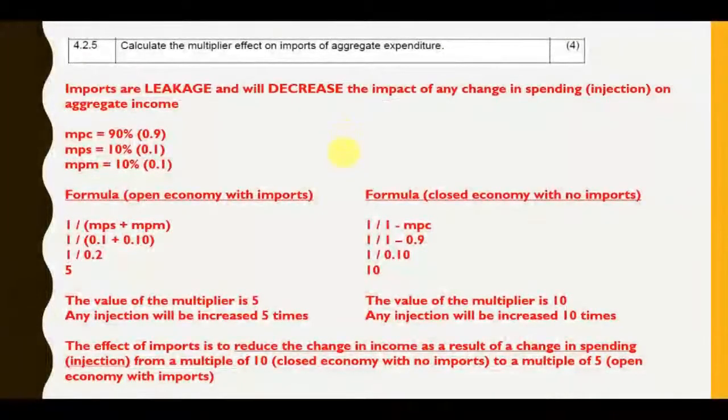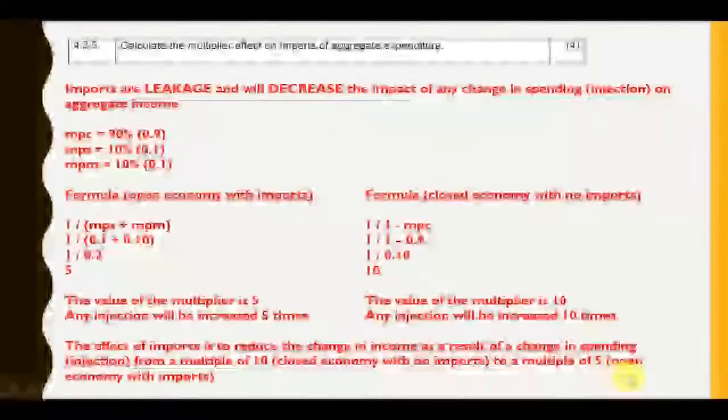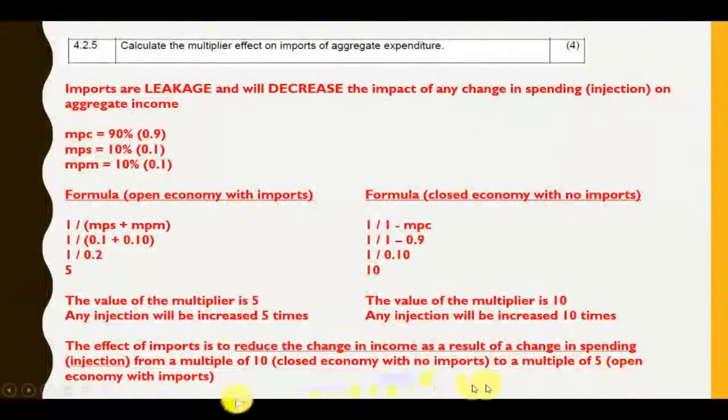So to sum up our answer, grade 12s, the effect of imports is to reduce the change in income as a result of a change in spending. From a multiple of 10, that was your closed economy with no imports, to a multiple of 5, so the multiplier is 5. That's my open economy with imports.